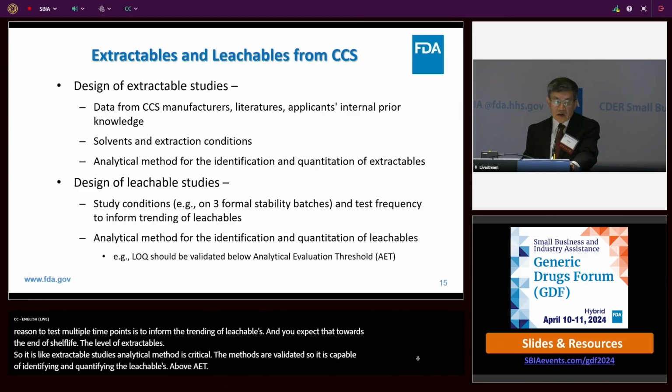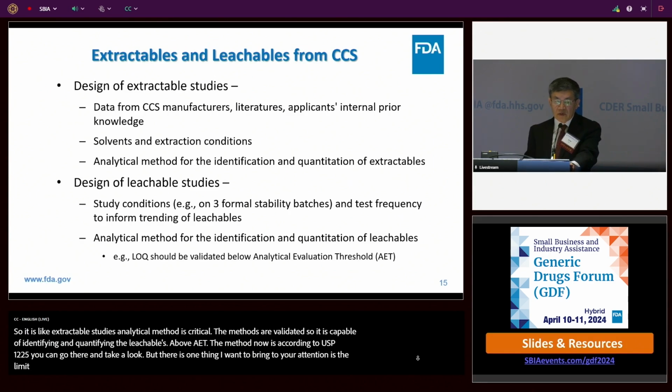You can go there and take a look. But there's one thing I want to bring to your attention, which is the limit of quantitation, LOQ, which is very, very critical. You want to validate LOQ to a level that is below AET so that you can quantify any leachables that are observed above AET.